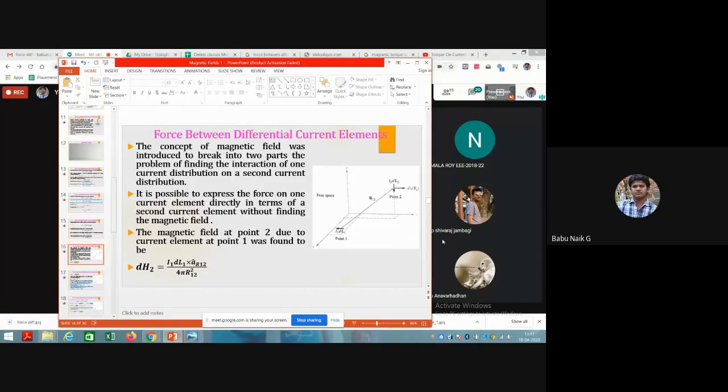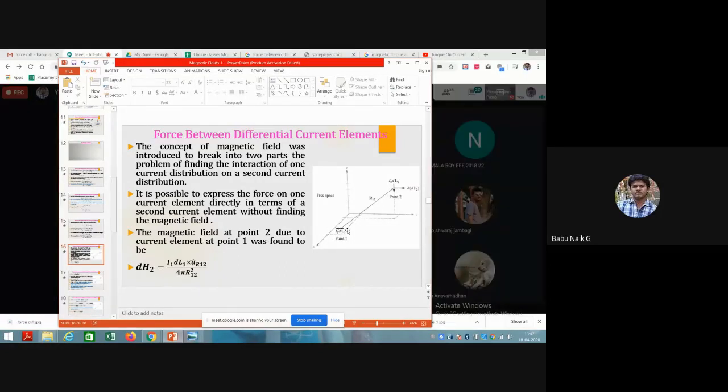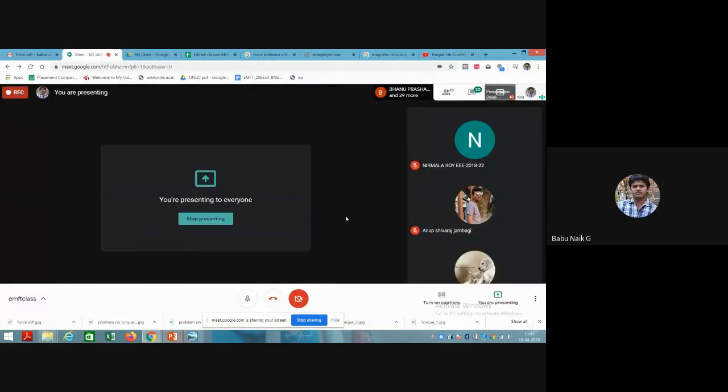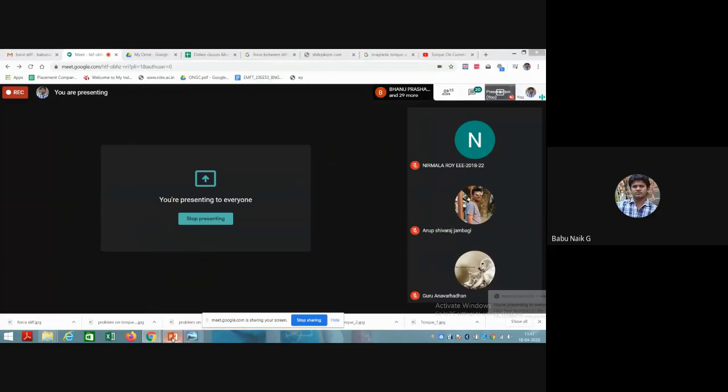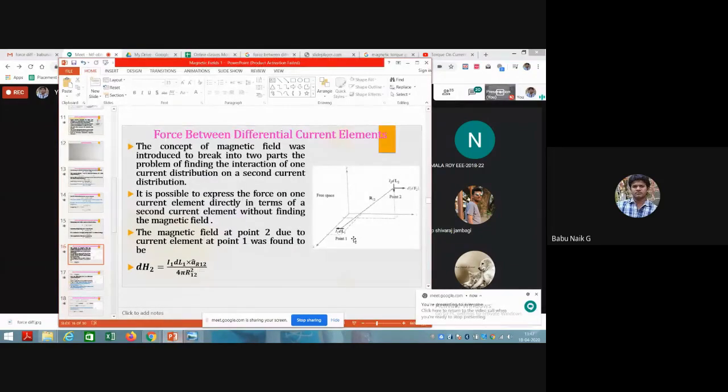Now let us take this figure. From this figure, let us calculate the magnetic field at point P2, and similarly at point P1. What will be the magnetic field at point P2 due to point P1?